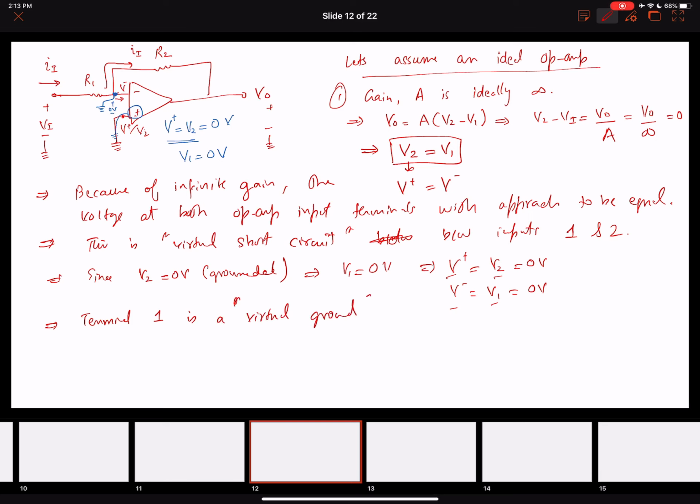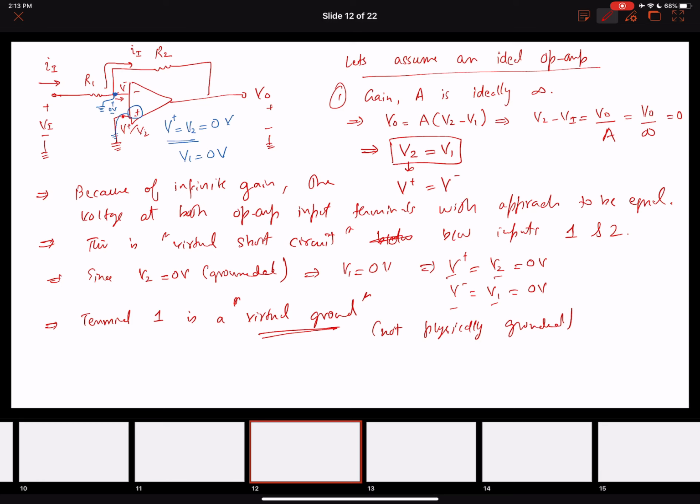So this is not physically grounded, but it is going to behave as a ground terminal. That is why it is called a virtual ground. It is not physically connected to the ground terminal. Please note that difference.